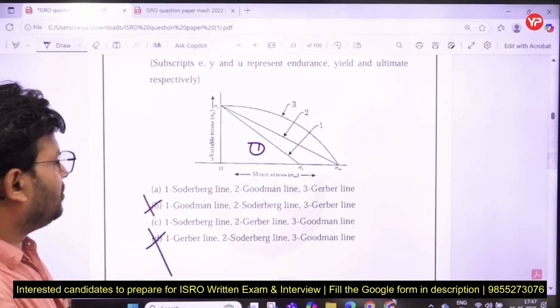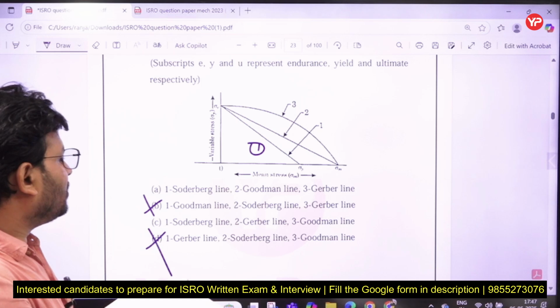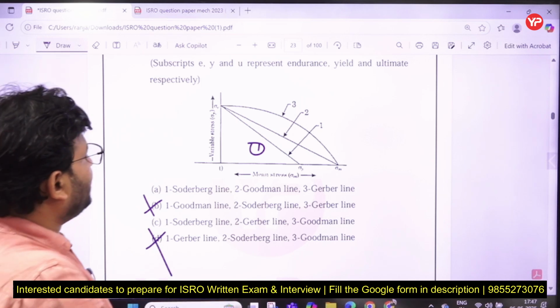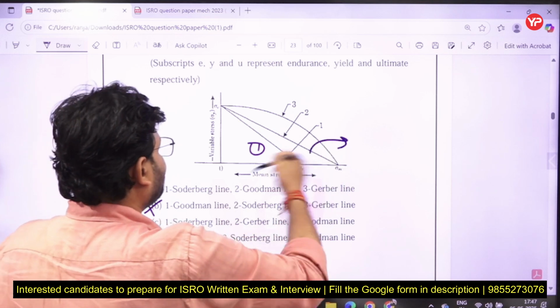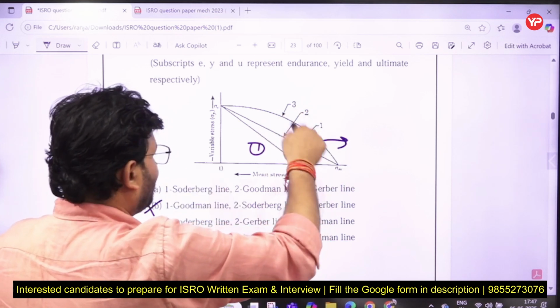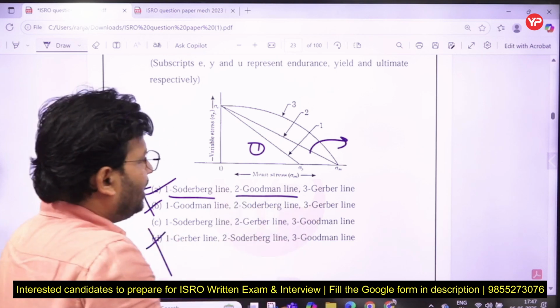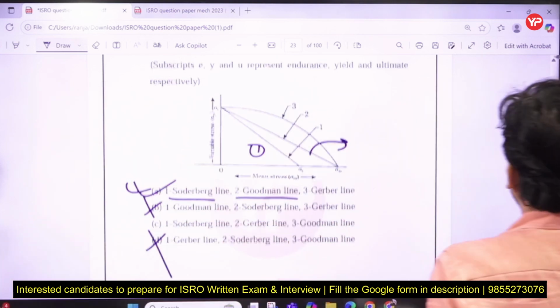After that, 2 will be Goodman and 3 will be the Gerber parabola, the Gerber line. So A will be the right answer: 1 Soderberg, 2 Goodman, and 3 the Gerber parabola.